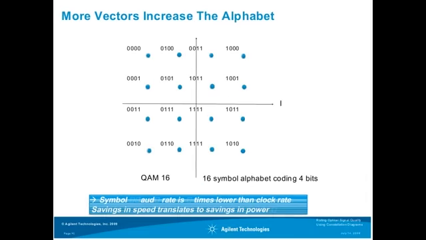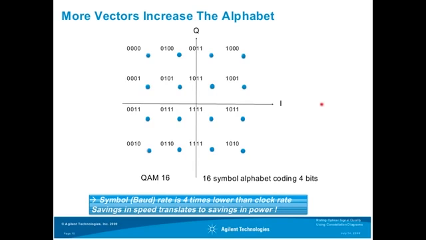And again, we can extend this concept. For example, we could code a 16 symbol alphabet by combining 4 bits. In this case, we would get to a 16-order QAM format, and of course this can be extended further to QAM 32.